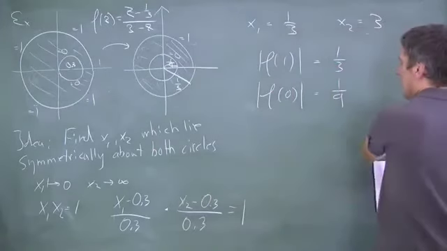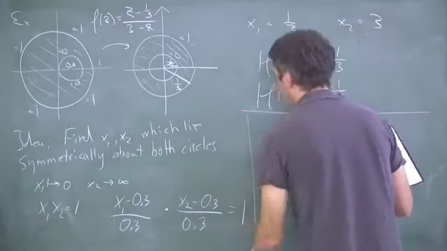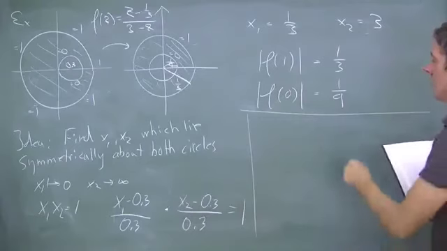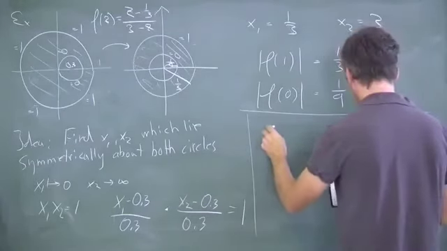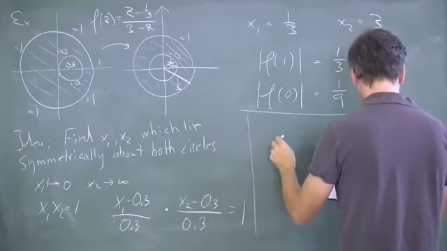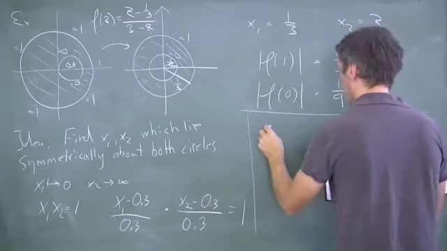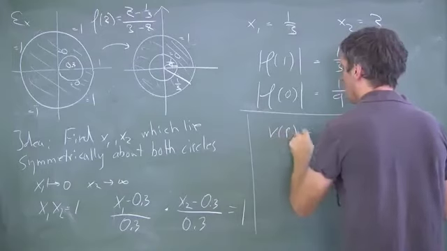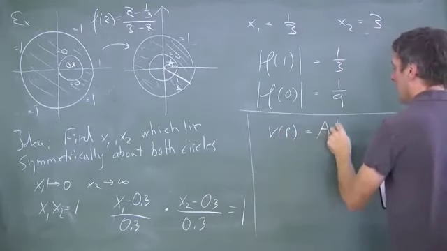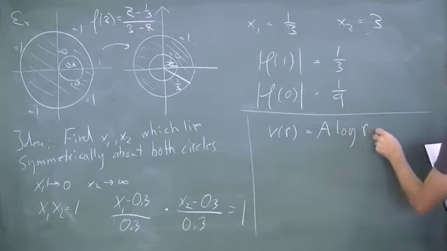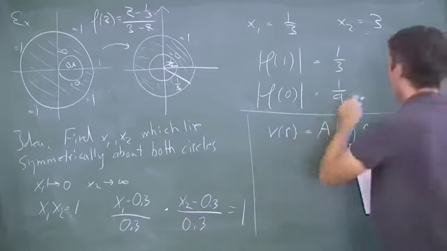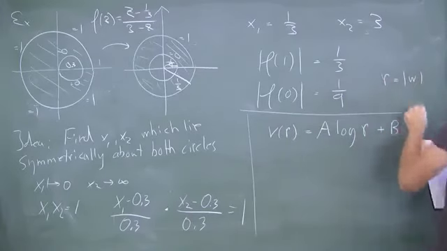And if you now compute the radial solutions of the Laplace equation, it turns out that they can all be written on the form u of r is equal to a times the logarithm of r plus b, where r is then the absolute value of w.